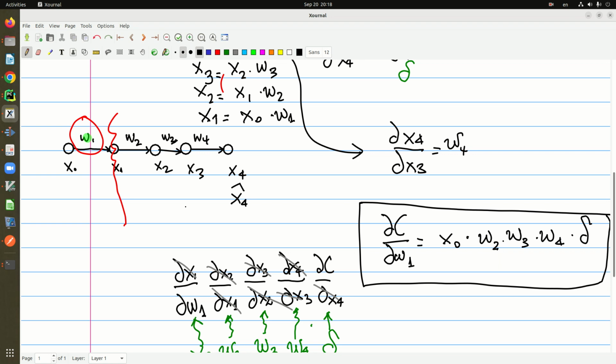I hope this helped to understand how the chain rule allows us to calculate the cost over weight rate and how to make the related adjustments.